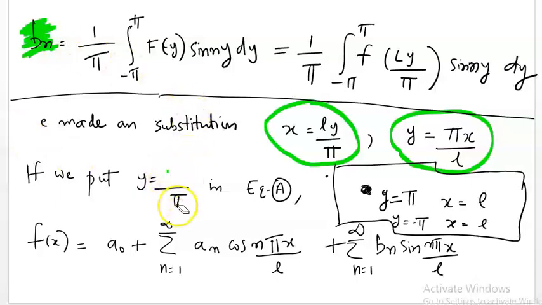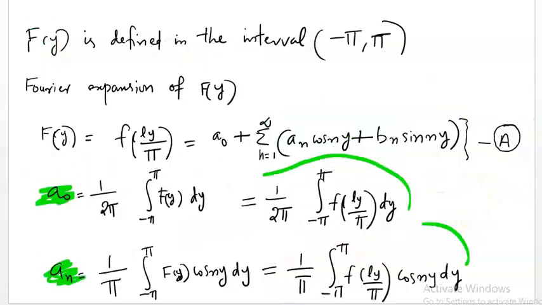For y equal to pi we have x equal to L, and for y equal to minus pi we will have x equal to minus L. So f of x is now given by a0 plus the sum of an cos n pi x by L. How do we get that?